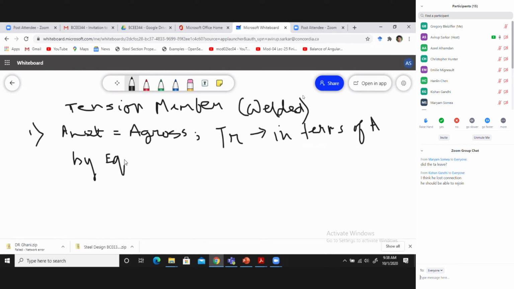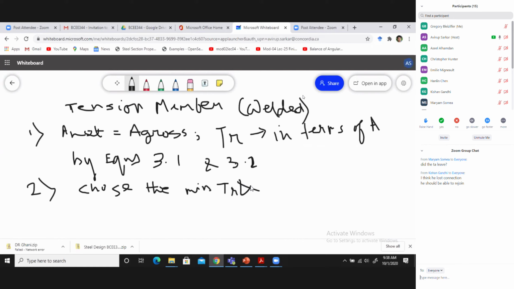After you are done with 3.1 and 3.2, you will get two values in terms of A for TR. Choose the minimum TR and equate it to TF.